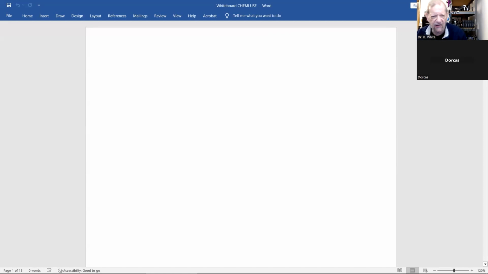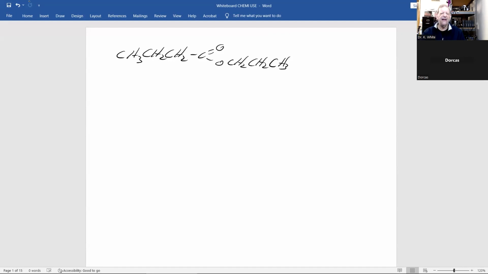And let's do an example. And here, what functional group do we have? We have an ester. Carbonyl, oxygen on the carbonyl, R group. On this oxygen, we have another R group I'll call R prime.